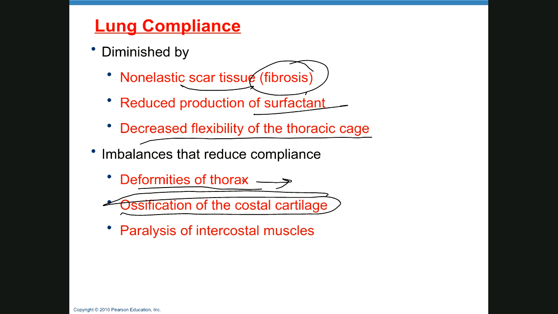As we age, the ribs are less flexible because there is more bone and less cartilage. So an 80-year-old's lung compliance will be less than a 30-year-old's lung compliance because an 80-year-old will have less cartilage in the ribs than a 30-year-old.